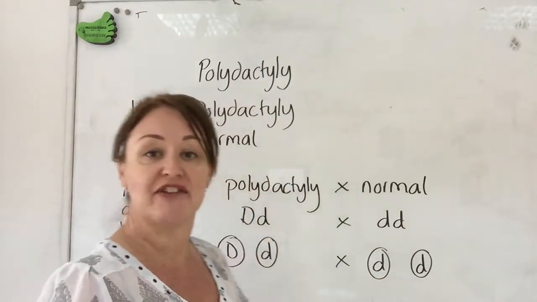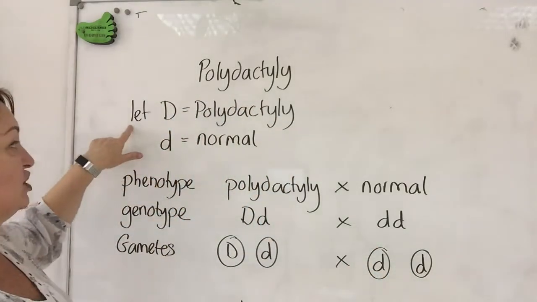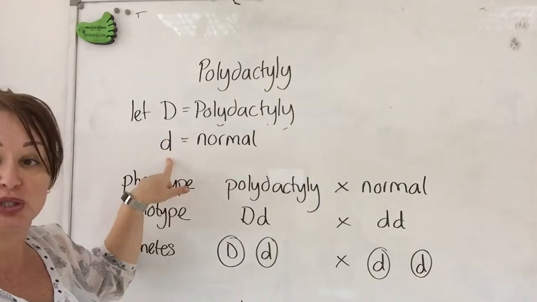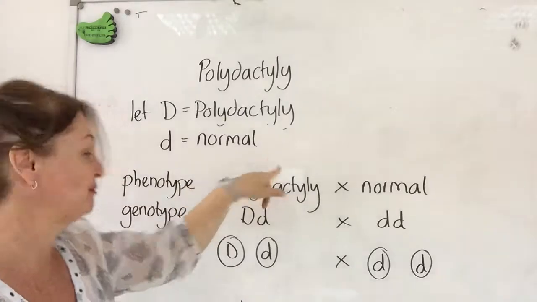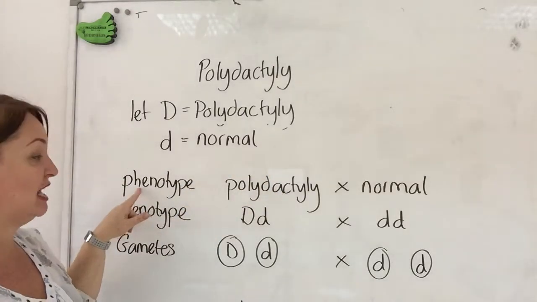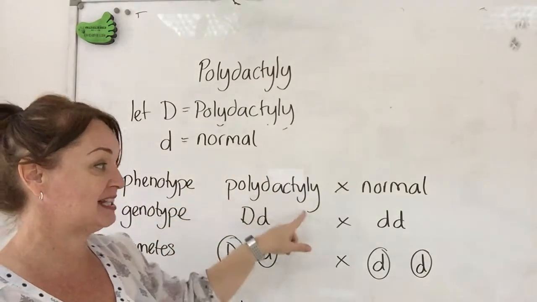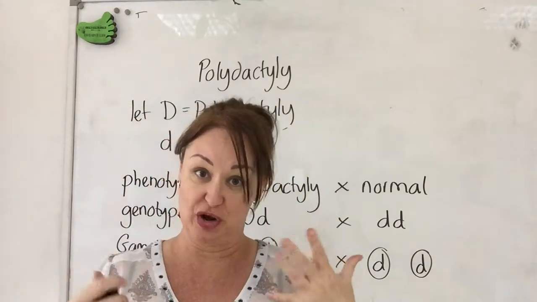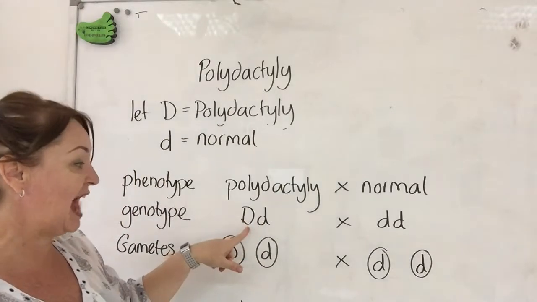So setting out our diagram correctly, we need to show that big D is our polydactyly condition and the small d is for normal. Our phenotype, we're going to have a polydactyly person. In other words, they would have the extra digit, so they know that because it's a dominant allele.